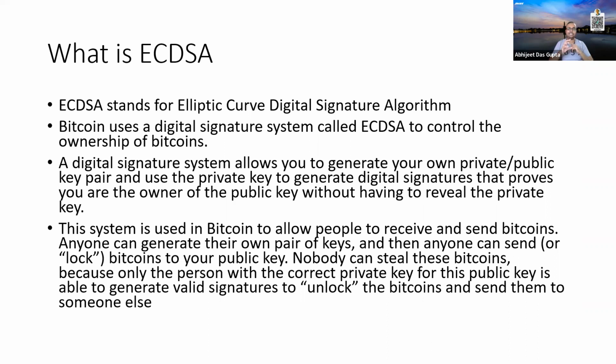Stealing of these coins, or the Bitcoins, is not possible, or is very improbable, because only the person with the correct private key for a particular public key pair is the one who can generate those valid signatures to unlock the Bitcoins. So once the coin has been transacted and locked using the digital signatures, to claim that back, you have to have the private key, and only then you can claim that back.